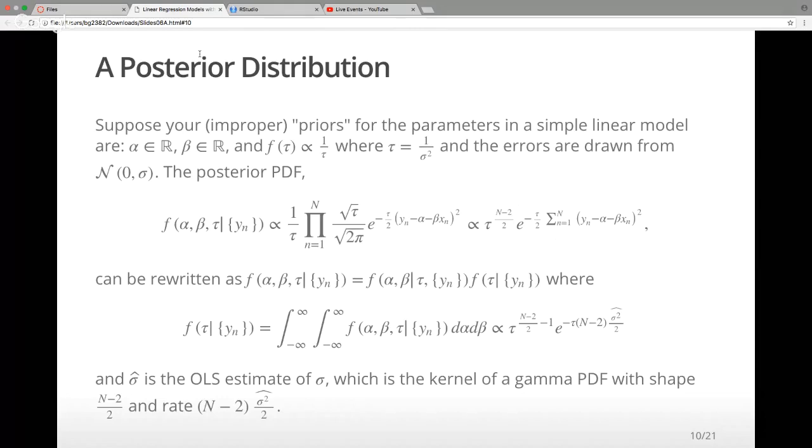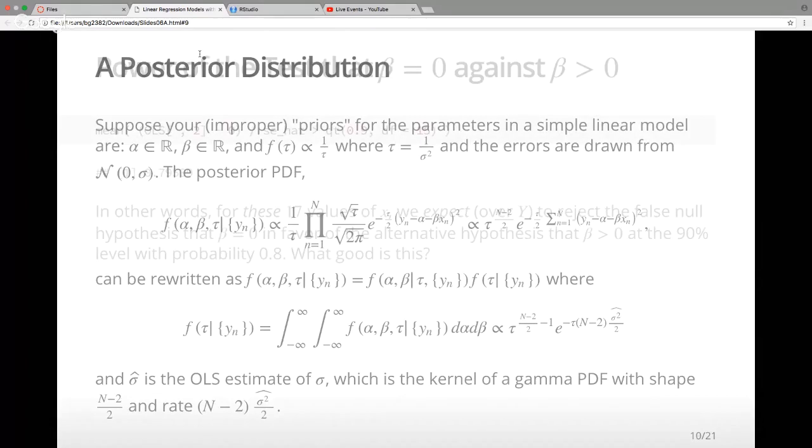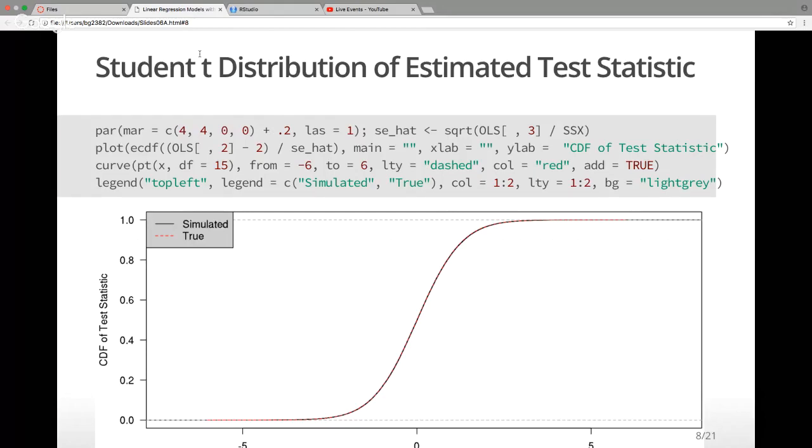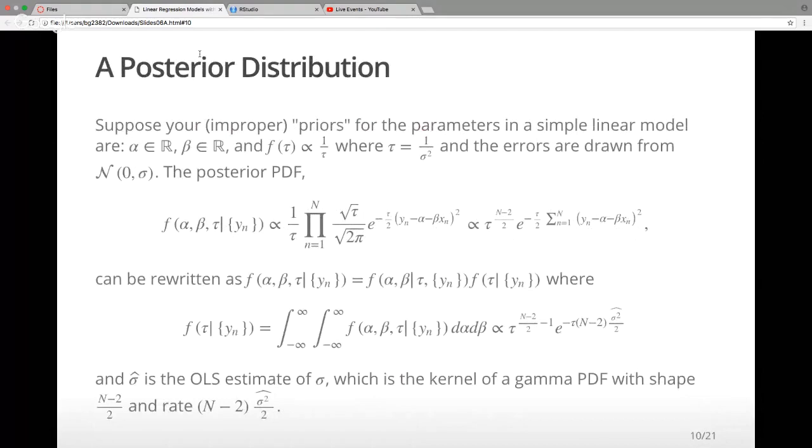So another thing that is not so useful is a posterior distribution that we can make line up with the distribution of the OLS estimator across data sets here. In order to do that, we have to assume priors which are improper, so merely that alpha and beta are any real numbers.